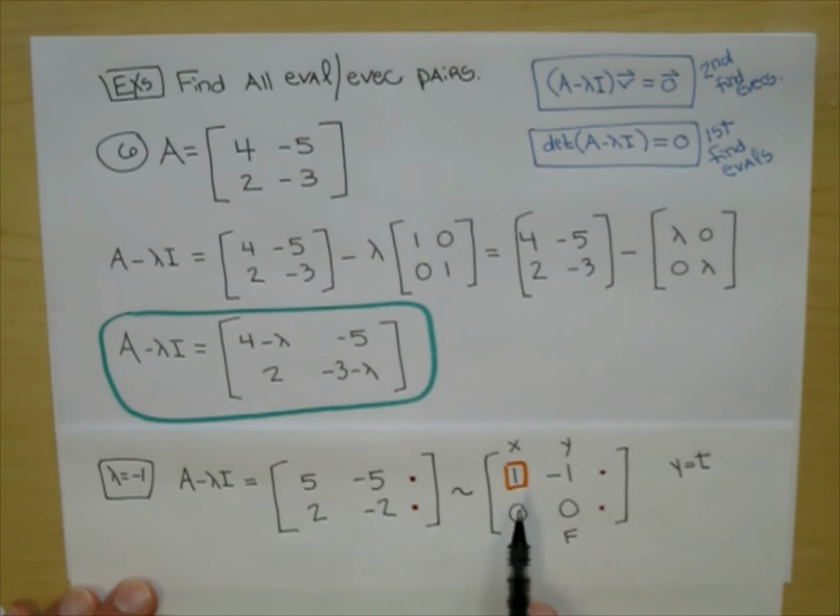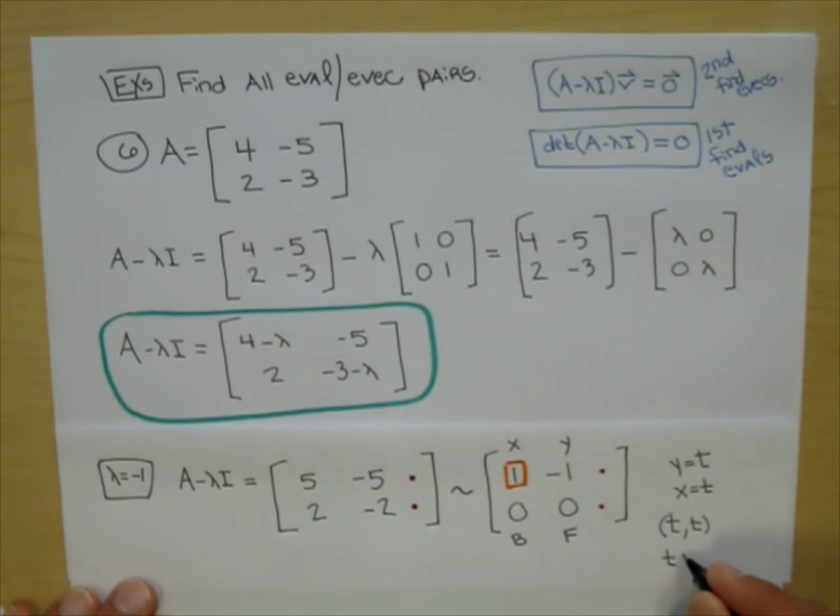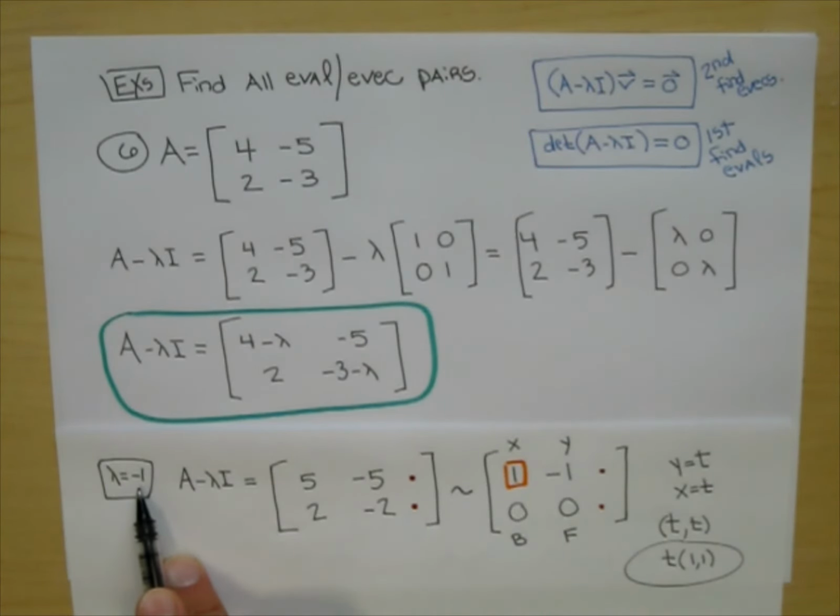And the first equation says x minus y equals 0. x minus t equals 0, so x equals t. So what I end up having is (t, t), or t times (1, 1). Okay, so there's the result there for when lambda is -1.